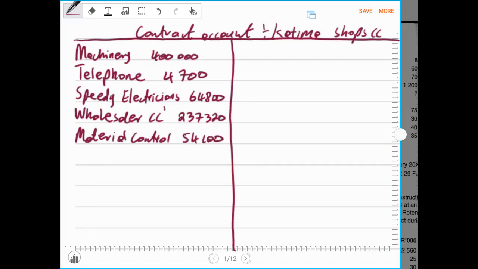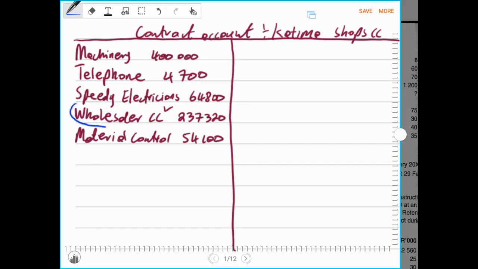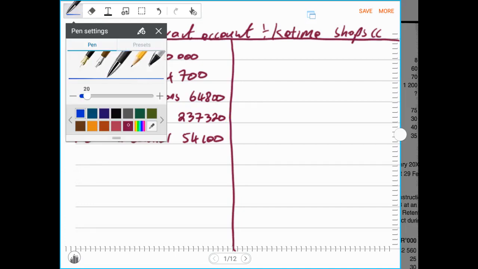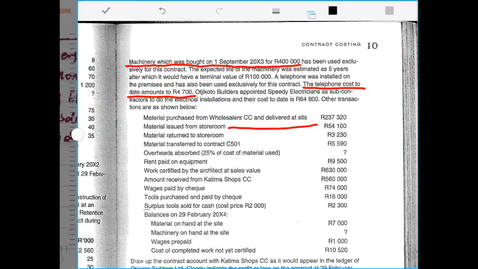Under the assumption that the purchase of this material was on credit, we write the name of the creditor to indicate that. If it was bought for cash and it was stated, then we would record the bank, but if they are silent we assume it was bought on credit.